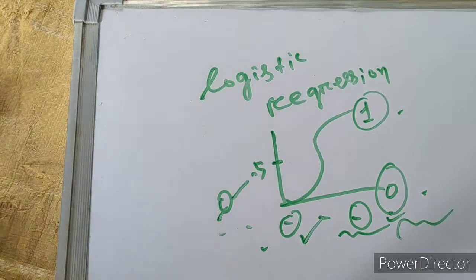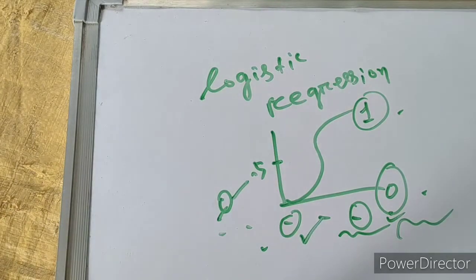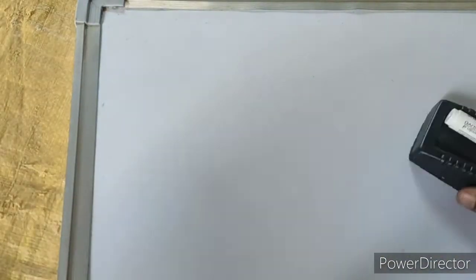Let me tell you how the ROC curve term came. It came from the Second World War. The full form of ROC is receiver operating characteristics. There is a story.